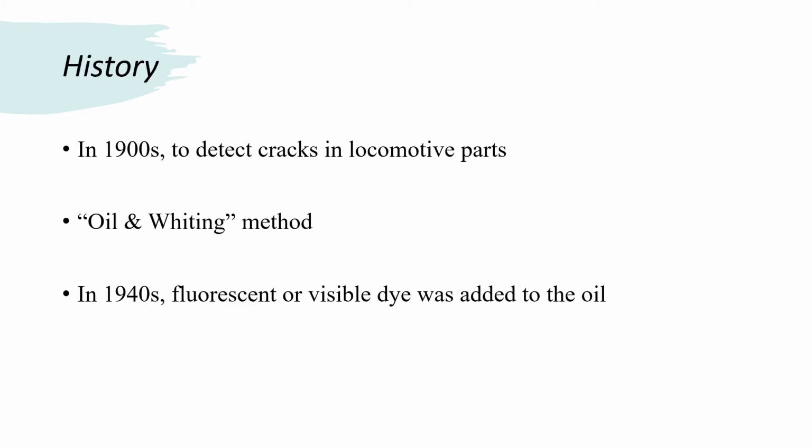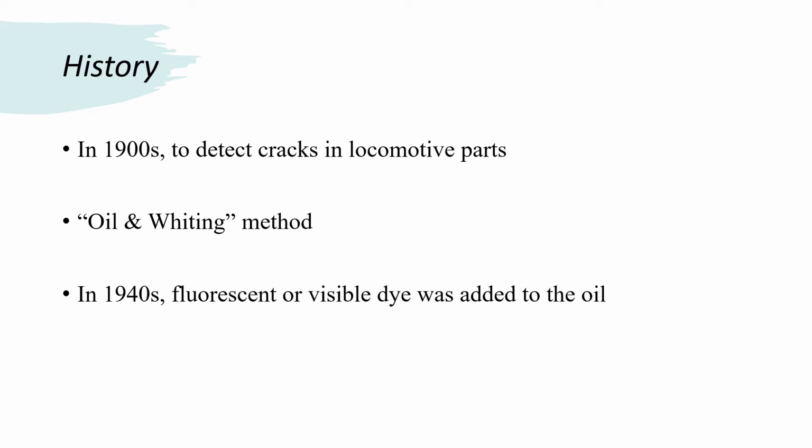Let's come to the history. In the 1890s, to detect cracks in locomotive parts, this method was first invented. At that time, oil and whiting methods were basically used. In the 1940s, fluorescent and visible dye was added to the oil to identify the flaw easily.